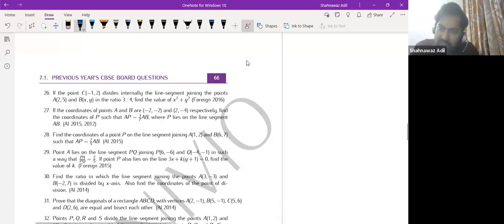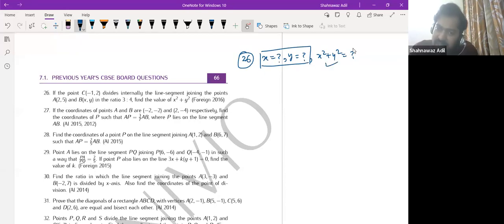So in this question, step by step, first we have to find this x and y, and then we have to find x squared plus y squared. If we can find these things out, then this would be easy. So let us find that.